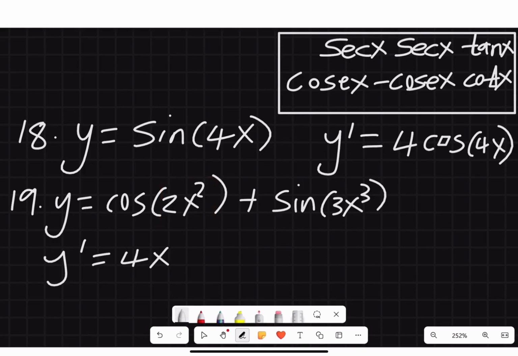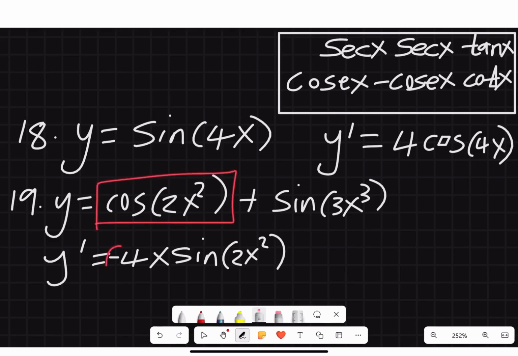And then the derivative of cos is negative sine. To save time, I'll just put that negative here. And then here I'll write sine 2x squared. So the derivative of this is basically negative sine 2x squared. And then the 4x is the derivative of the angle. And then we need to keep on going.